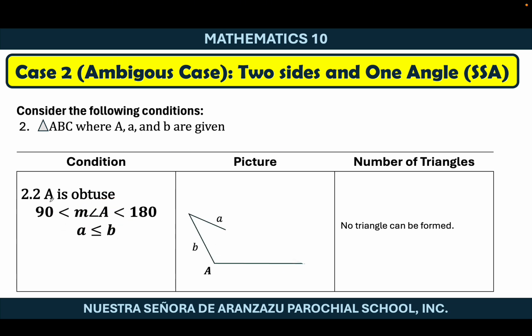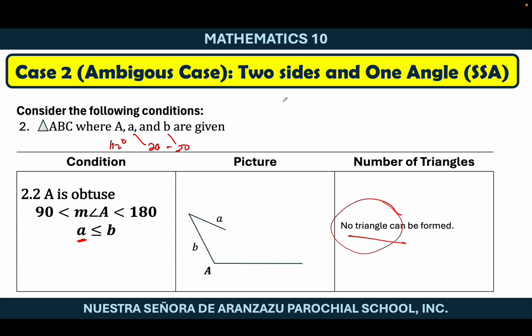So, ganito yung magiging itsura niya. Now, when the opposite side is less than or equal to the other side, then no triangle will be formed. So, let's say, gamitin natin yung kanina, 112 degrees, but your A is 20 and your B is also 20. They are equal. So, pareho yung sukat ni A and B na walang triangle na mabubuo doon.